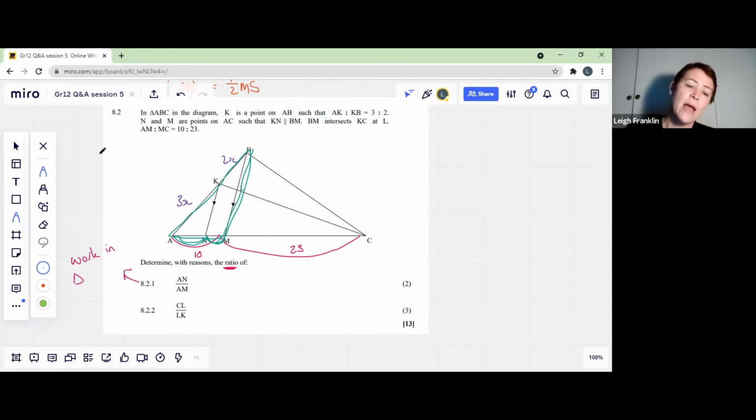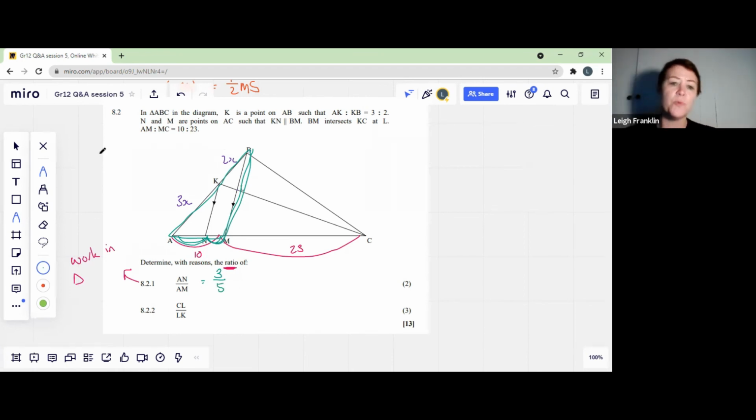All right, so can you see that AN over AM in this case is going to be equal to 3. AN is 3, so that corresponds with this 3 over here. Over AM is the whole side, so this whole side was 2 plus 3, which is 5.